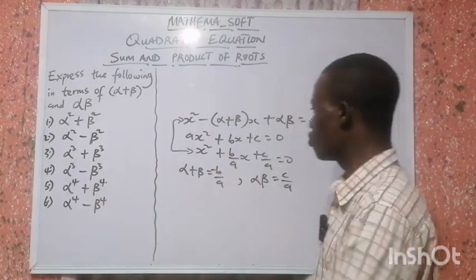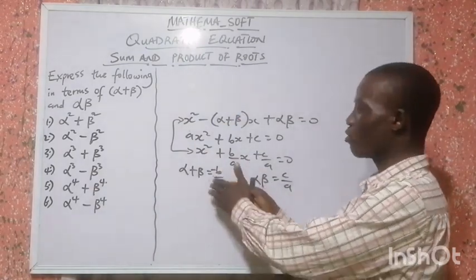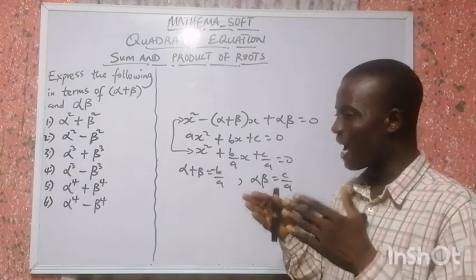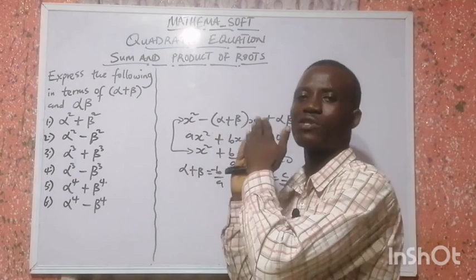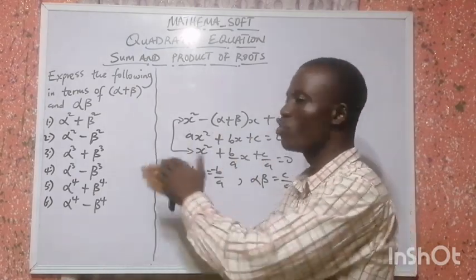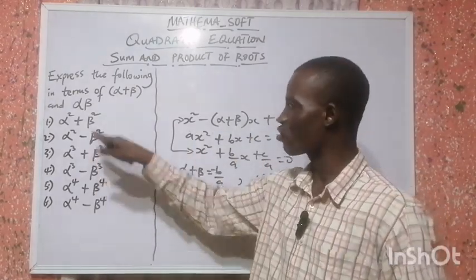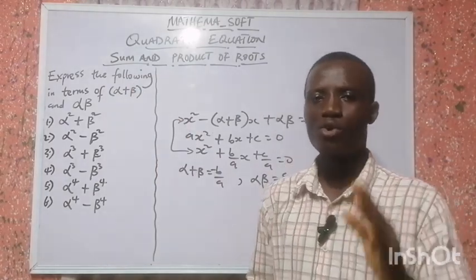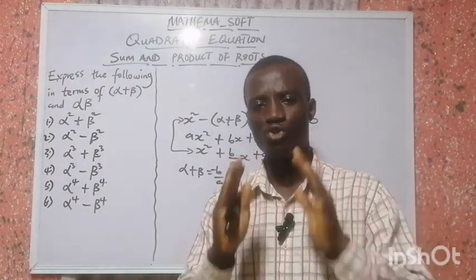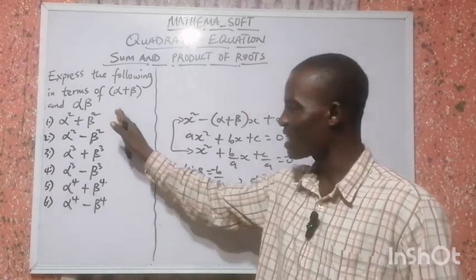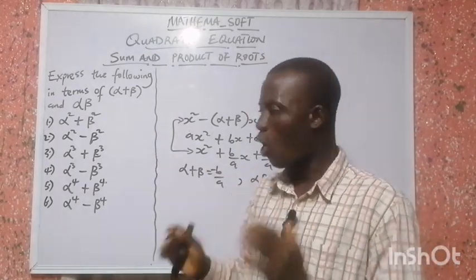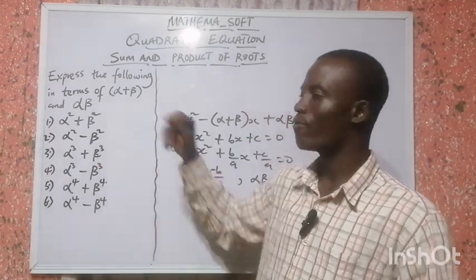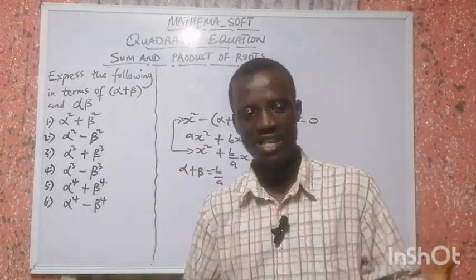So that when you determine what your sum of roots and product of roots are, you can just substitute the values directly into the simplified expressions. So instead of going into the question straightforward, let us first learn the tactics of simplifying the following expressions into sum of roots and product of roots. Let's get started.